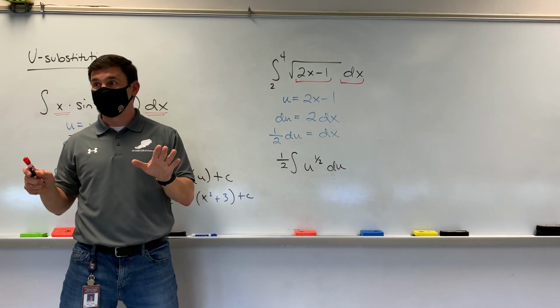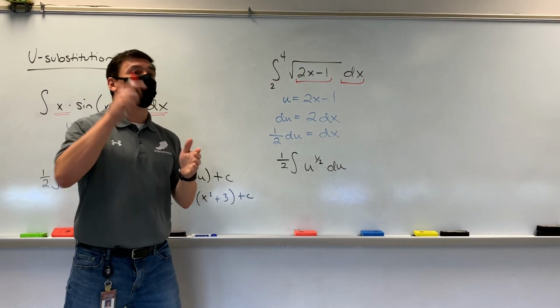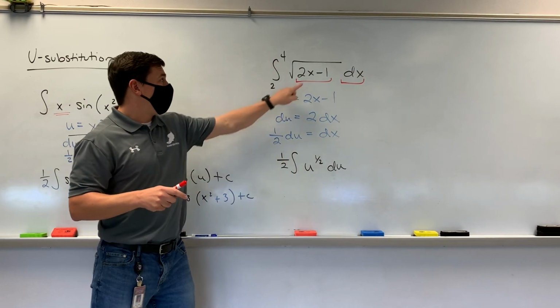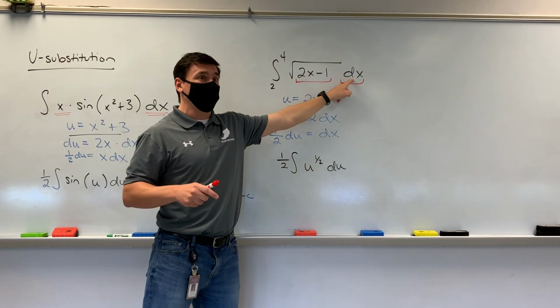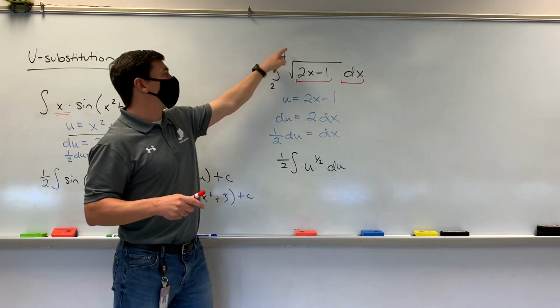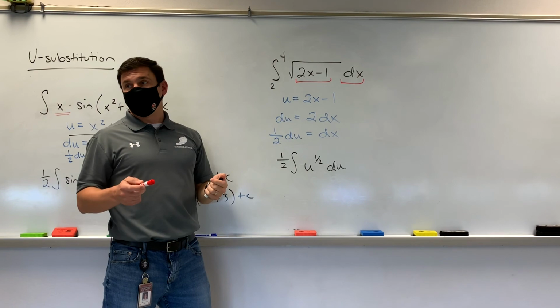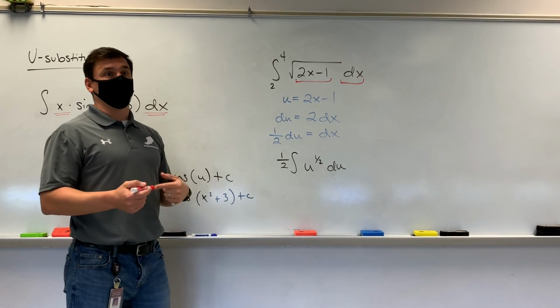to X land. To do that, every single part of my problem has to change from X to U. This has gotta change, dx has gotta change. But my limits of integration also have to change. Right now they're X limits of integration. I need to make them U limits of integration.